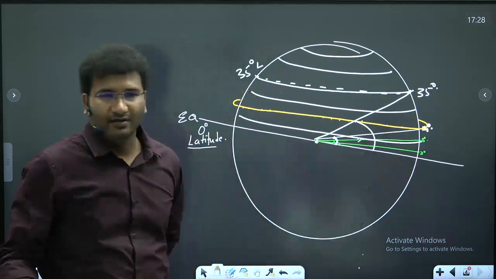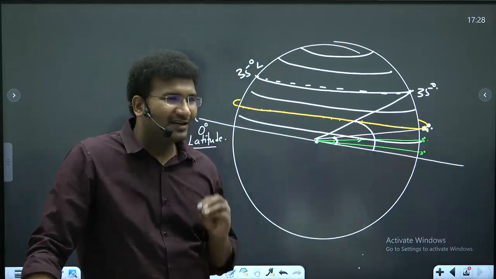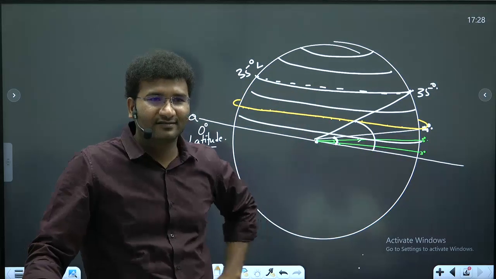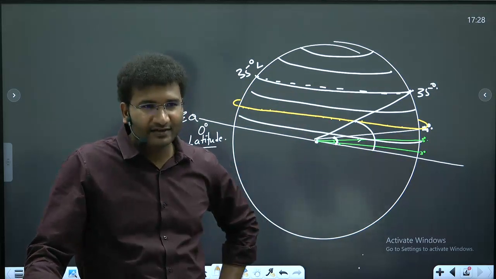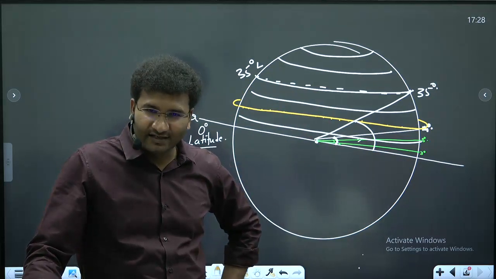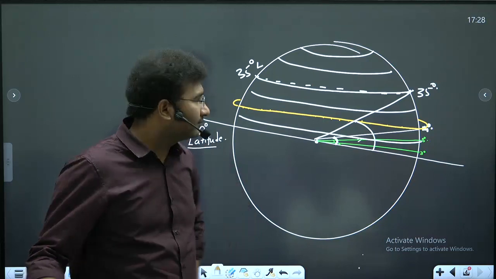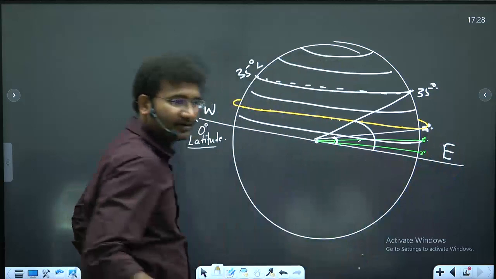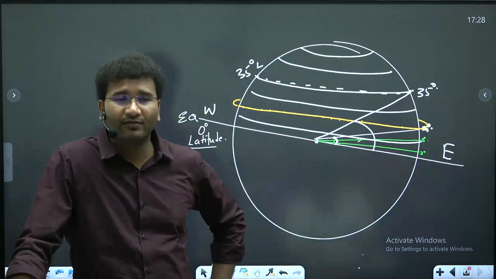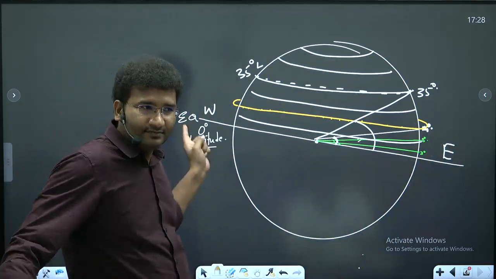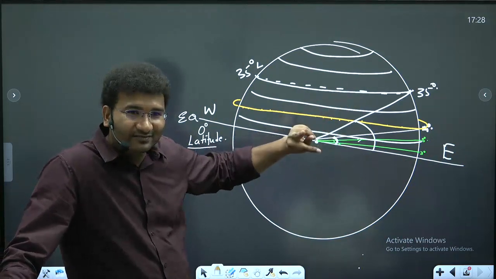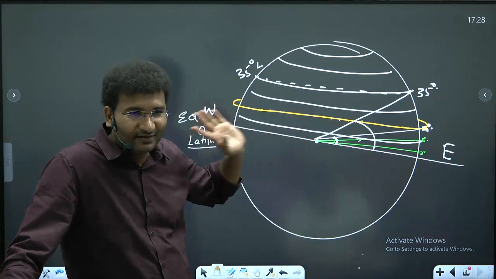Now if you look here, latitudes are lines which are parallel to each other. Is this statement right? Latitudes are imaginary lines that always move from west to east. They are parallel to each other. Clear?